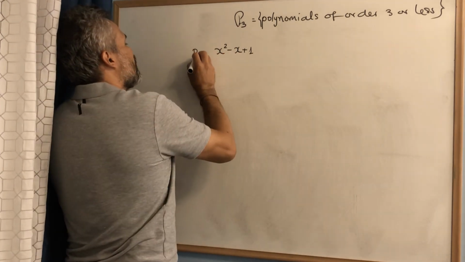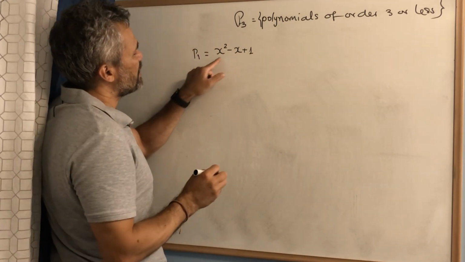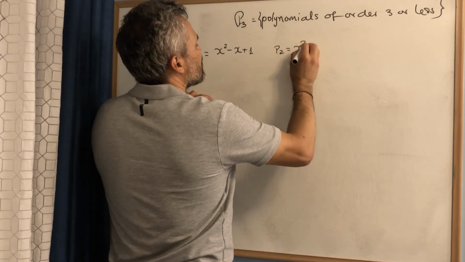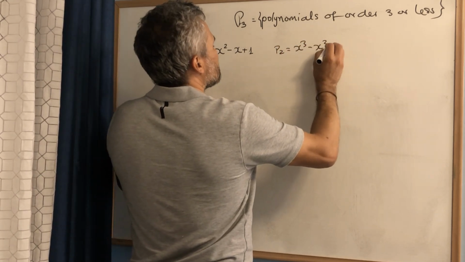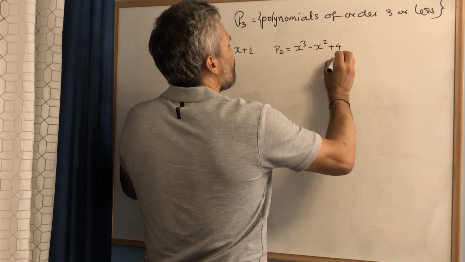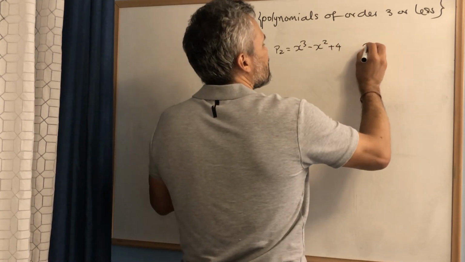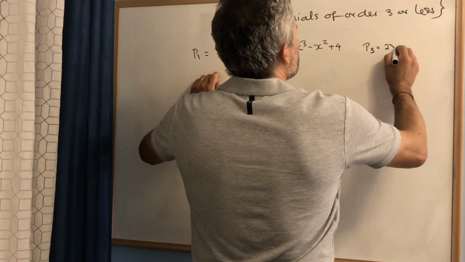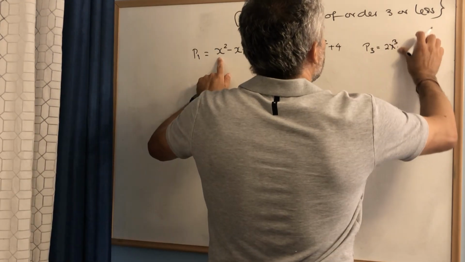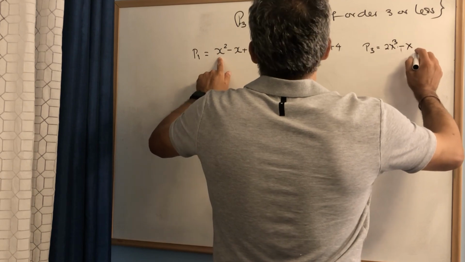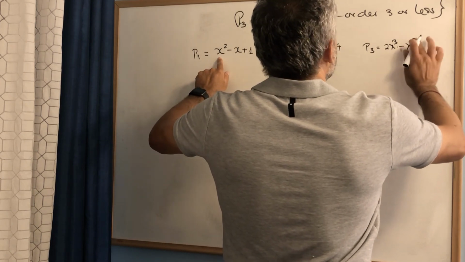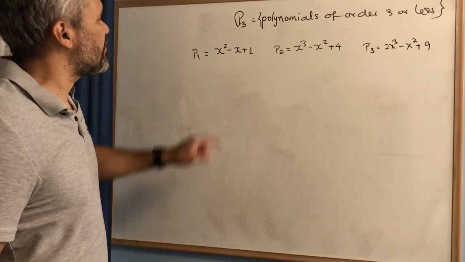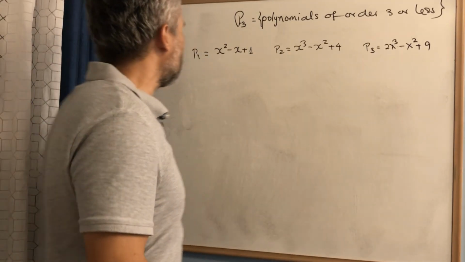Notice that this is viewed as a vector. p2 = x cubed minus x squared plus 4, and p3 = 2x cubed minus x squared plus 9. Let's check if these three vectors are linearly independent.